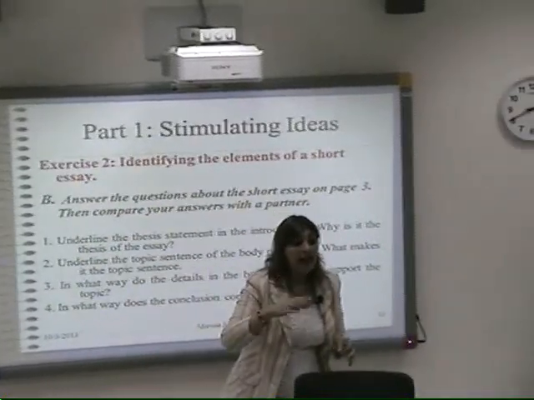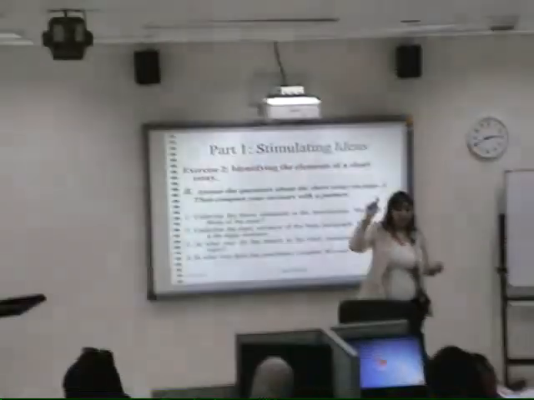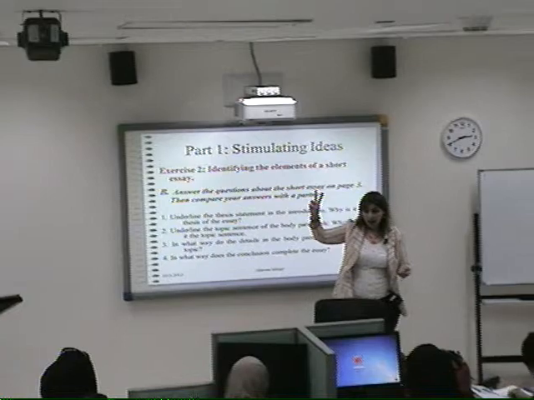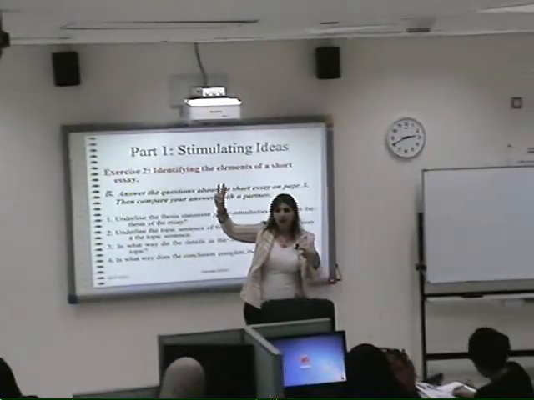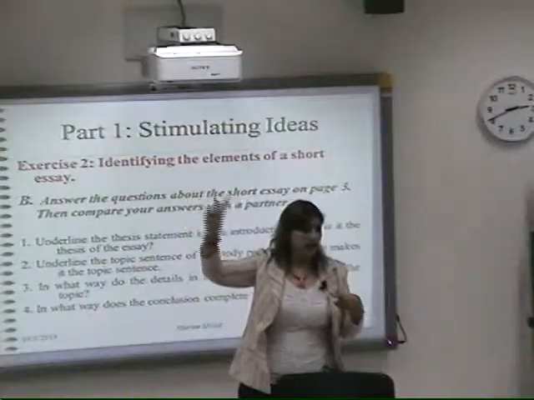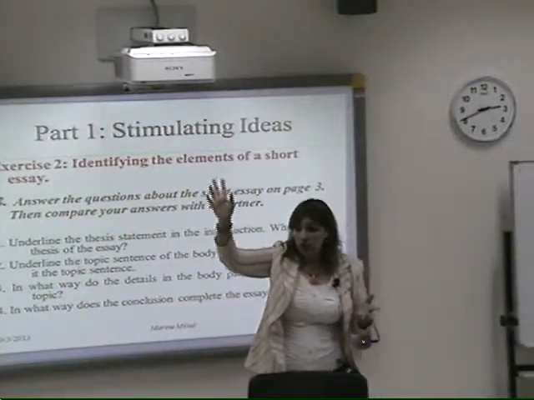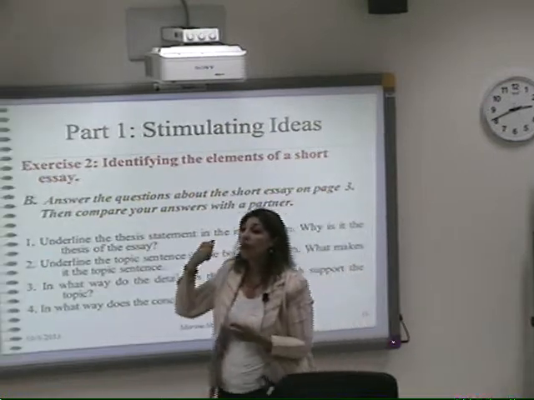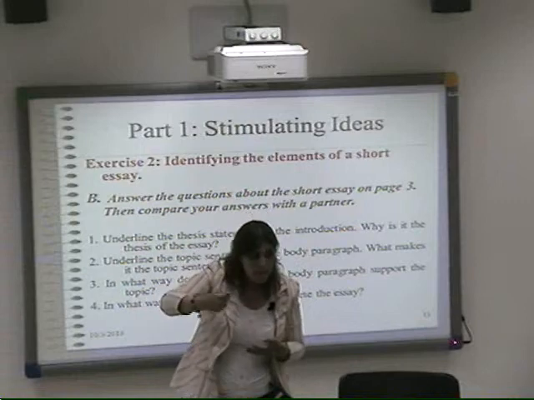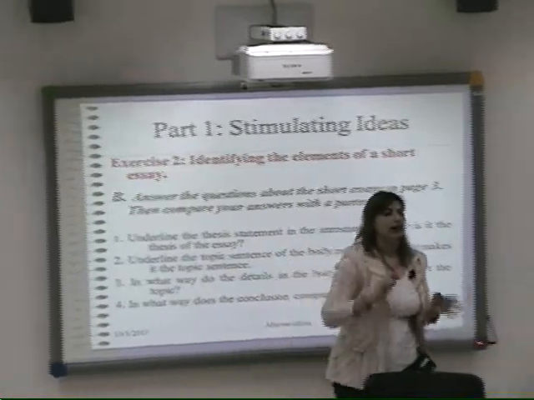Okay? Your body paragraph. One paragraph in general should contain a topic sentence, details which are supporting, and a concluding sentence. Supporting sentences can be more than one, and a conclusion. And so we support by giving examples and more facts and more details.